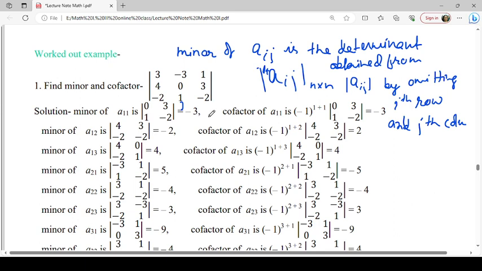And the cofactor is the minor multiplied by minus 1 to the power i plus j.